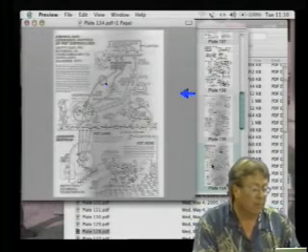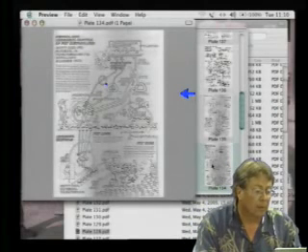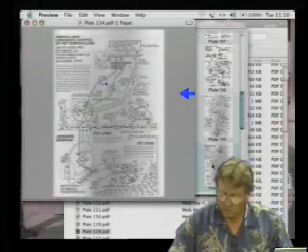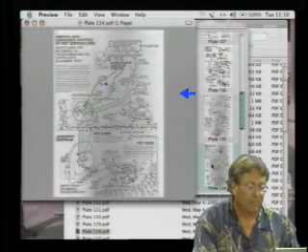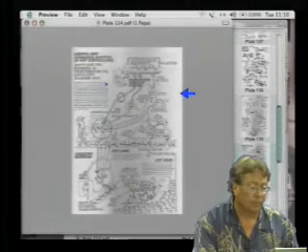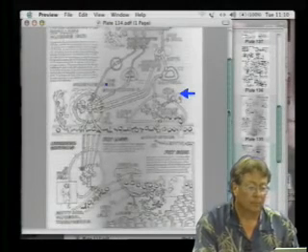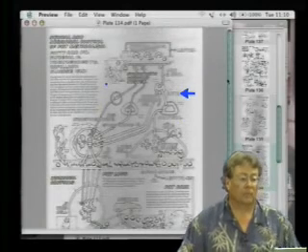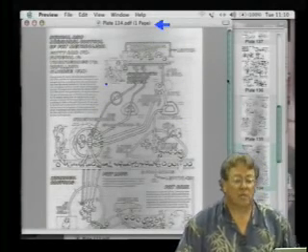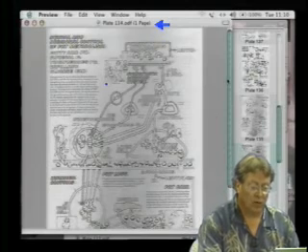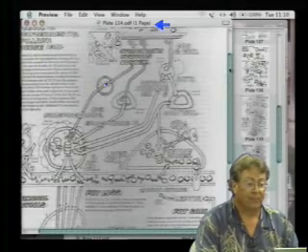Regulation of fat metabolism. Hypothalamus, again involved in the regulation of fat metabolism.